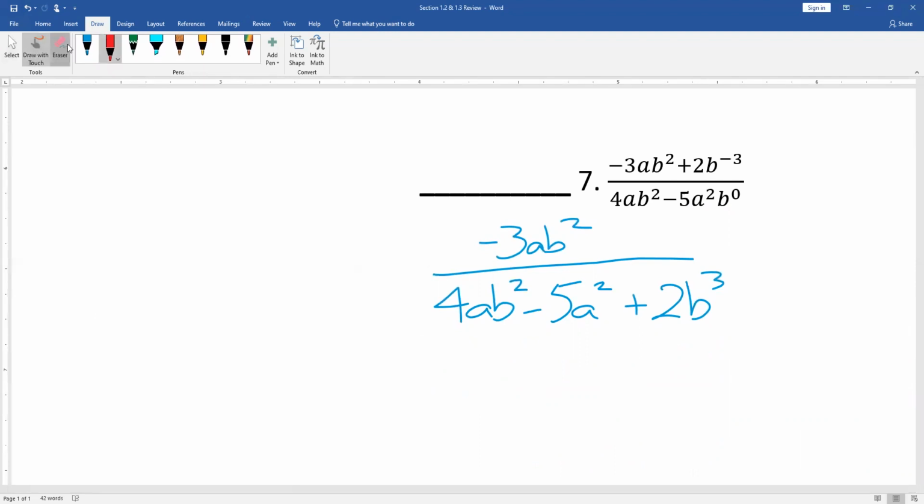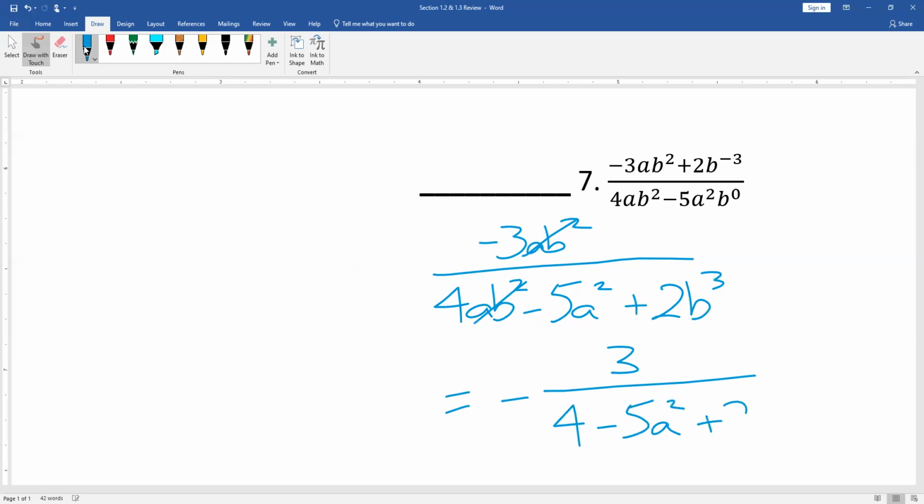Those will actually cancel each other out, and we'll end up with negative 3. You can keep that in the numerator if you want, but just remember, if the numerator is negative, you can just throw the negative in front of the whole fraction, over 4 minus 5a squared plus 2b cubed.